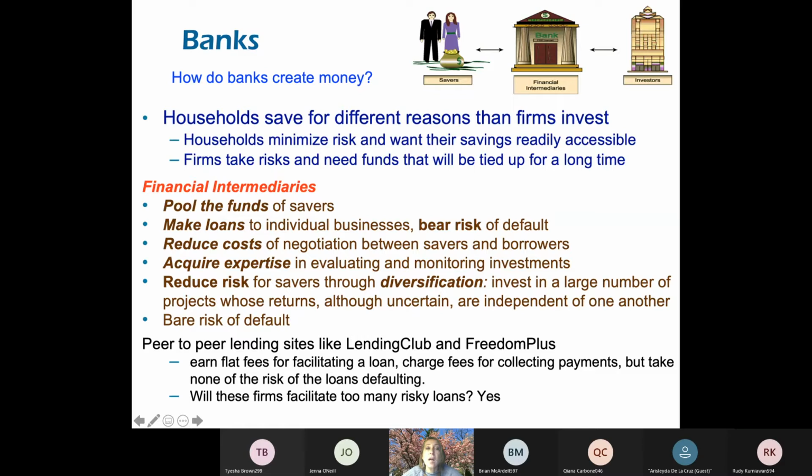Another difference is that firms need large sums of investment when they borrow. When we save, each one of us saves very small amounts. So financial intermediaries take our tiny savings and combine them into large chunks and lend them out to investors.